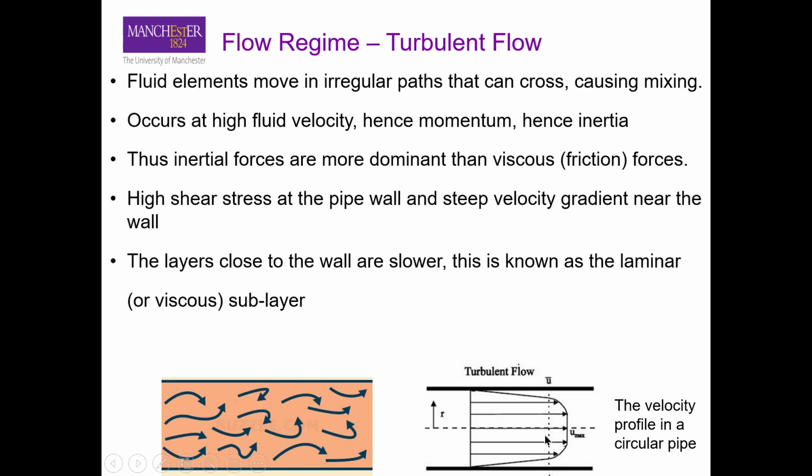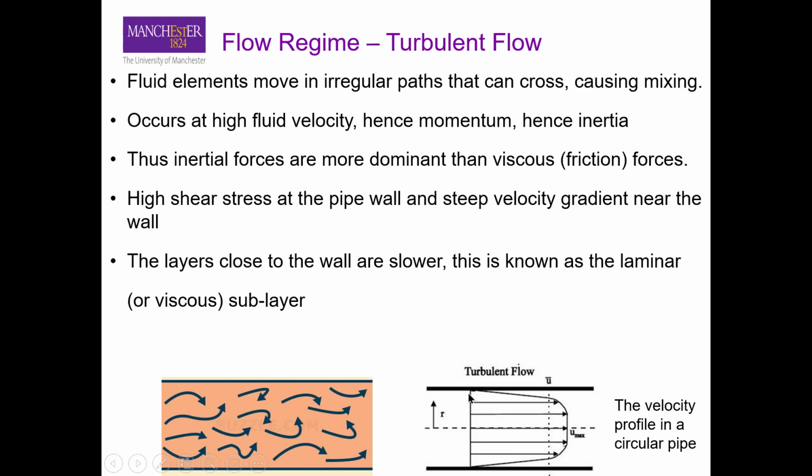In turbulent flow the velocity of this whole middle section is more or less equal because of a lot of intermixing. And then you have this last portion that looks very much like the parabolic profile of laminar flow.